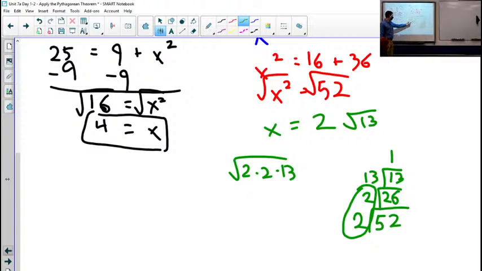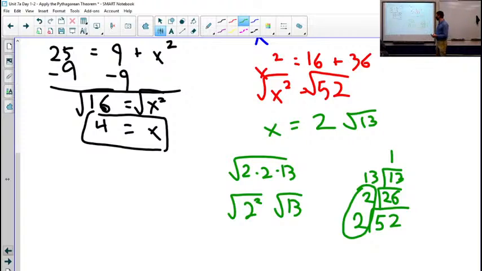And what happens with this pair, sorry, 2 times 2 is 4. So I get the square root of 2 squared times the square root of 13. That's another way I can write that.